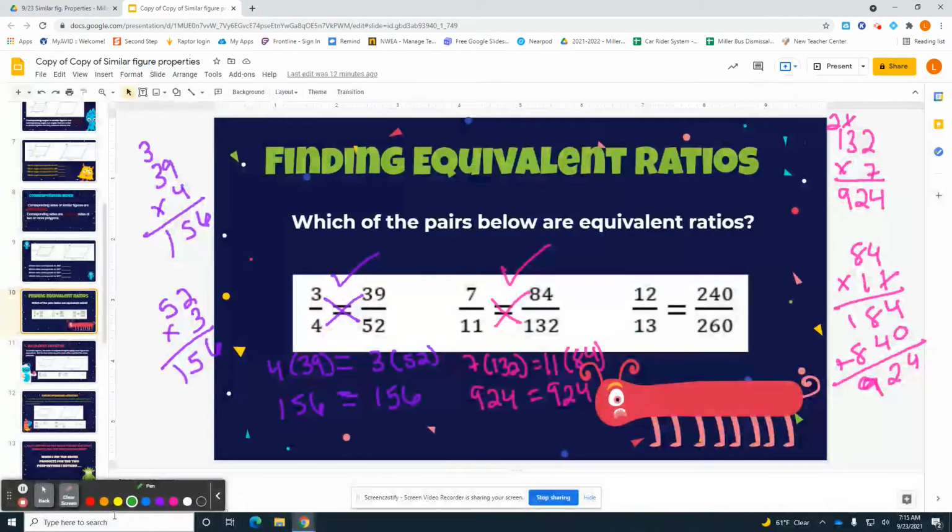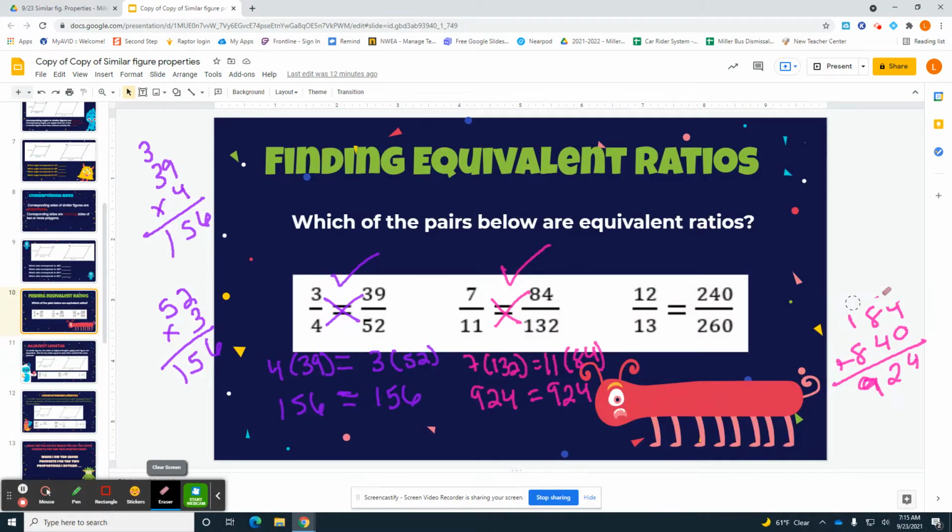All right. Hopefully you have this part here because I am about to erase it. If you don't have it and I started to erase it, rewind a little bit and pause it so that you can finish copying it. All right, you're going to try this last one by yourself, and you're going to tell me, is it equivalent?